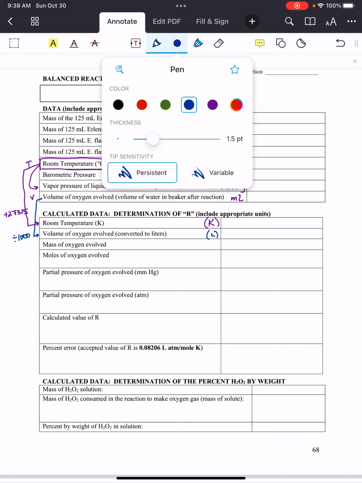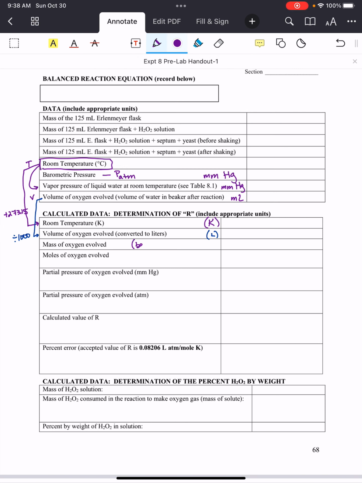For the mass of oxygen evolved, we're going to do a before minus an after to get the mass in grams. And then to get the moles, we will take the mass of O2 divided by the molar mass of O2 to get the value in moles.